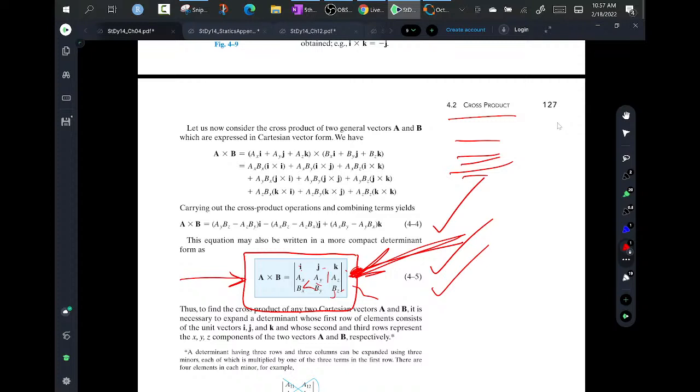Audio doesn't seem to be working, or does it? Let me check another way. Okay, it's working on my iPhone. It's not working on the computer over here, but that's okay. Maybe it's working on it. It is working. Okay.